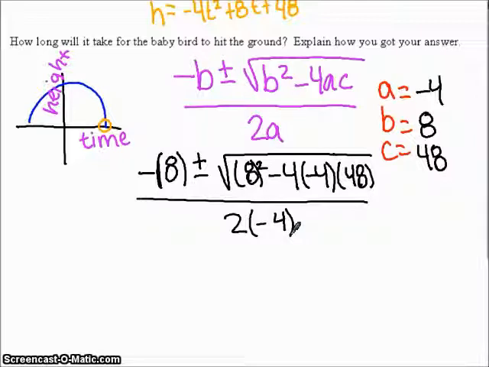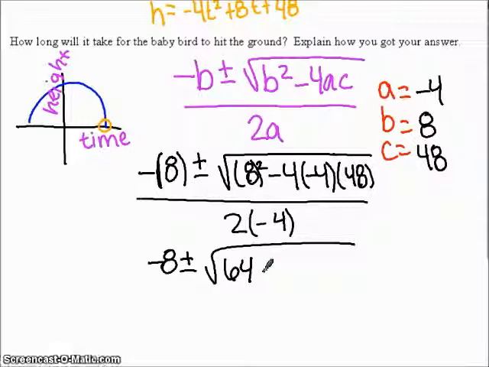Then I'm just going to simplify this so that it doesn't look as scary. So I'm going to have negative 8 plus or minus 8 squared is 64, and then negative 4 times negative 4 is going to be positive 16 times 48 is going to give us a positive 768. And that's just for the numerator.